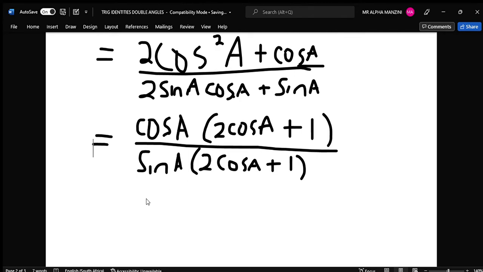So from here, since we're multiplying top and bottom and we have something common, at the top we have 2 cos A plus 1, and at the bottom we have 2 cos A plus 1.